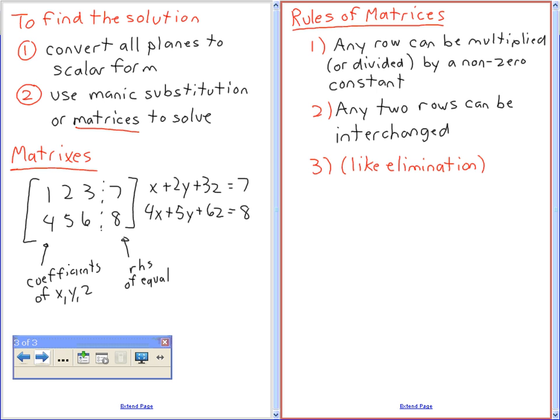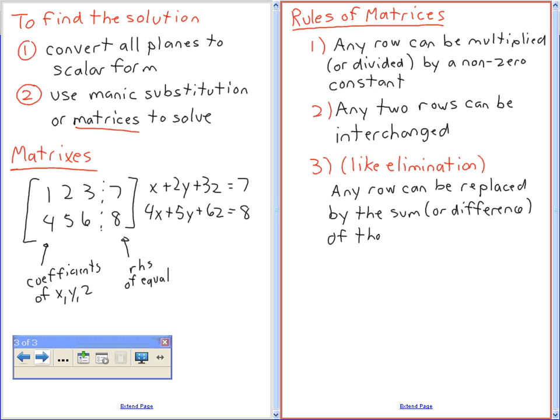We're going to say any row can be replaced by the sum or difference of that row and a multiple of another.